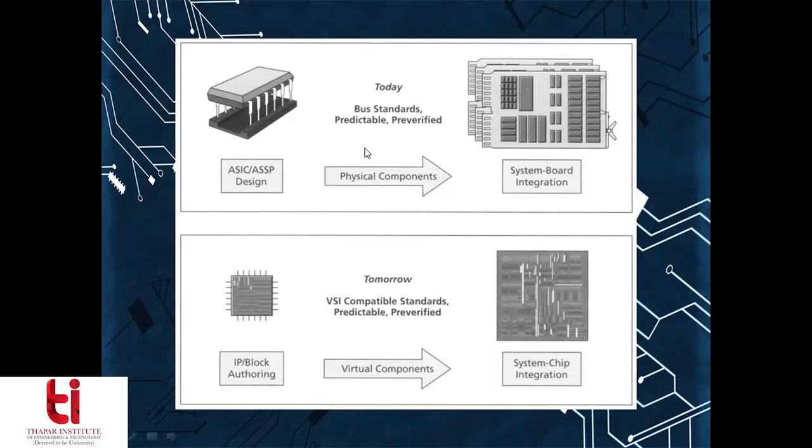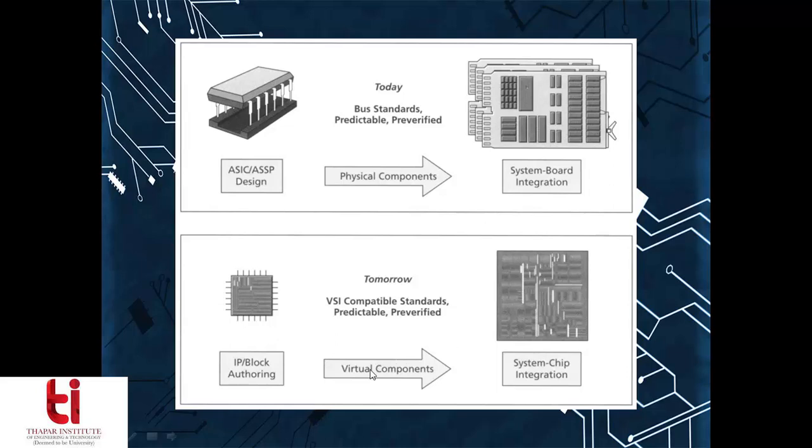Okay, so this was ASIC design. These are the physical components, which were integrated on a board to make a complete system. But now there are IP blocks. The blocks are authored. When I say authored, it means they are designed. Their design level can be RTL, they can be a soft core, or they can be a hard core.